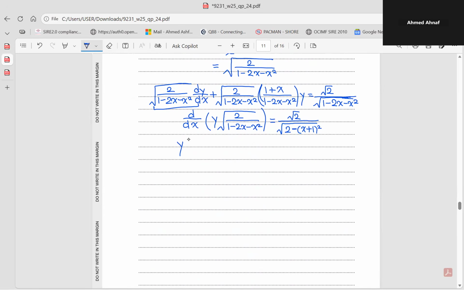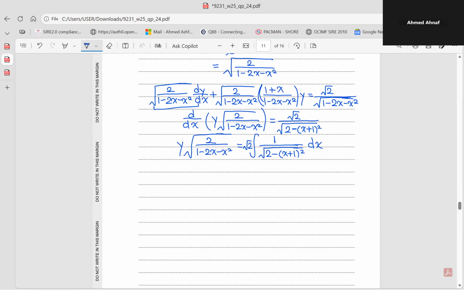And integrating these, I'm removing the dx. Oh my gosh, what am I doing? Y times square root 2 over 1 minus 2x minus x squared. You will get the integral of square root 2, 1 over square root of 2 minus x plus 1 squared dx.